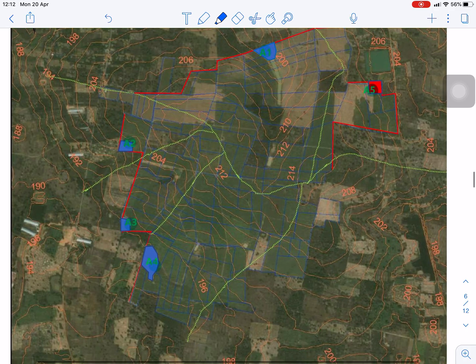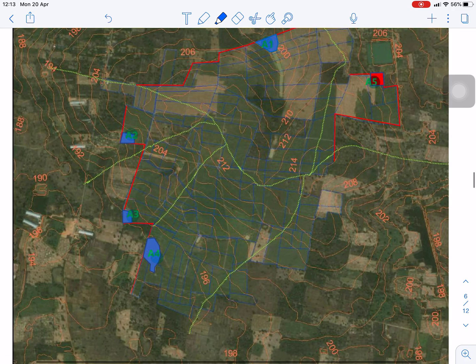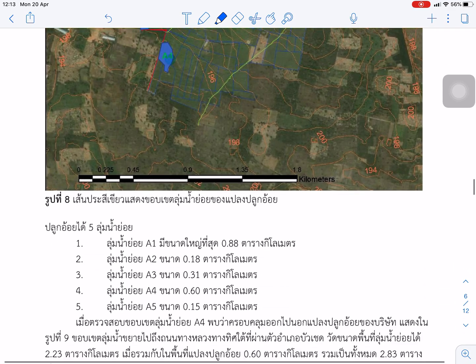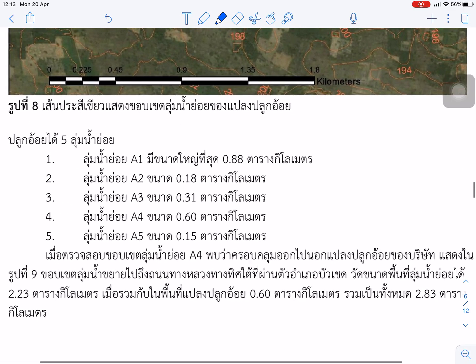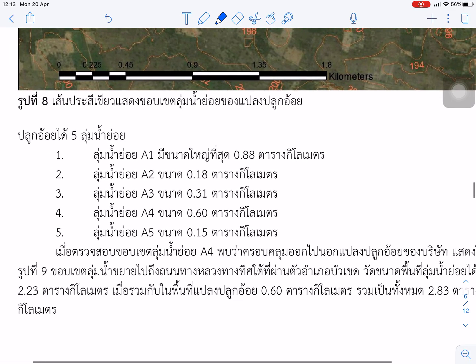So we can know the appropriate location of the pond, and the area of the subcatchment whose rainfall comes to this pond. Next, we look at the area of each subcatchment.